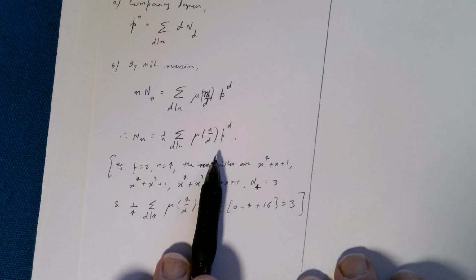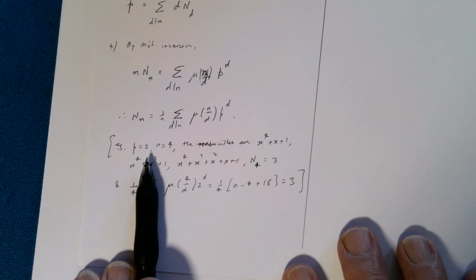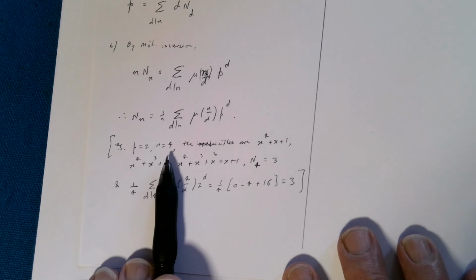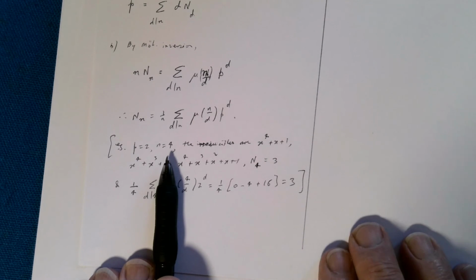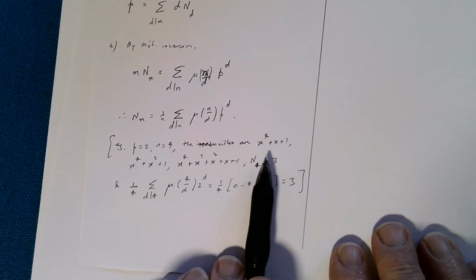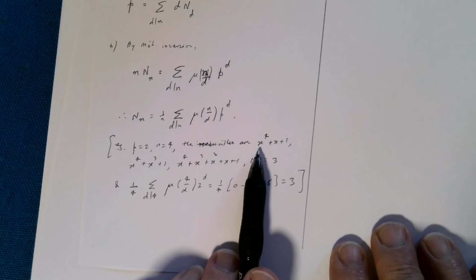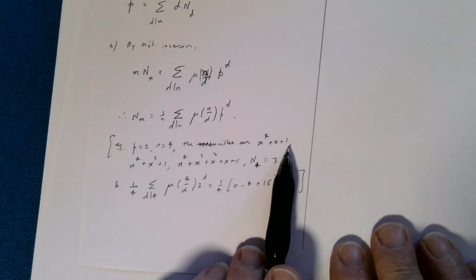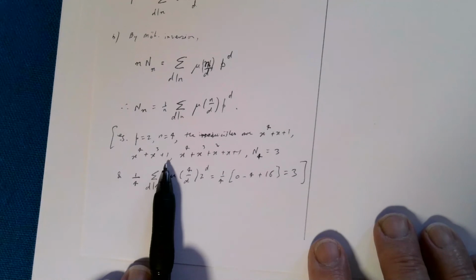Just as an example, if we take p to be 2, so all our coefficients are noughts or ones, and n is 4, we want the number of irreducibles of degree 4. Well, by hand, you can write out the irreducibles of degree 4 in Z2 of x. x to the 4th plus x plus 1 is irreducible. x to the 4th plus x cubed plus 1 is irreducible.